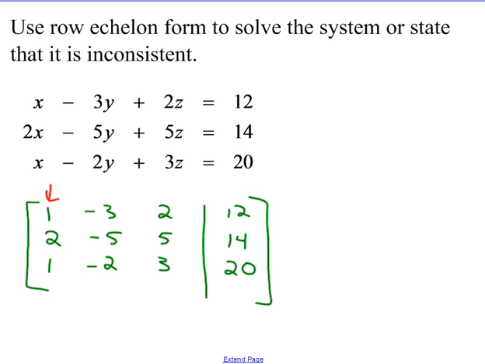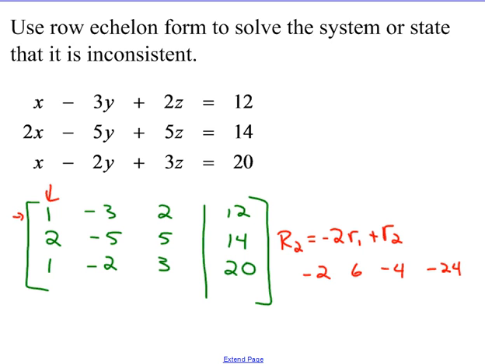replace row 2 and row 3 with what I get when I add multiples of row 1. So for row 2, I'm going to replace it with negative 2 times row 1, and then I'm going to add that to row 2, and that should make sense. This is very similar to what we're doing with elimination, because if I multiply row 1 by negative 2, I'm going to get negative 2, 6, negative 4, and then negative 24.